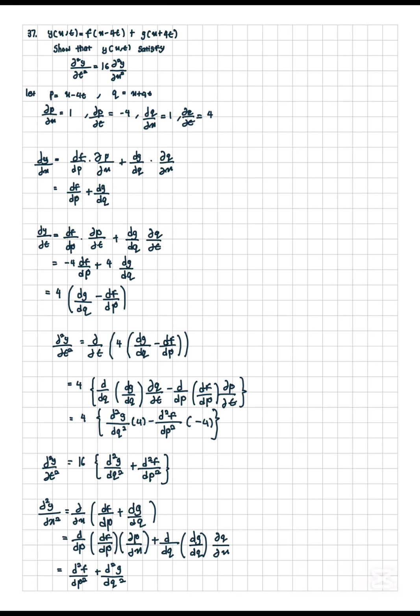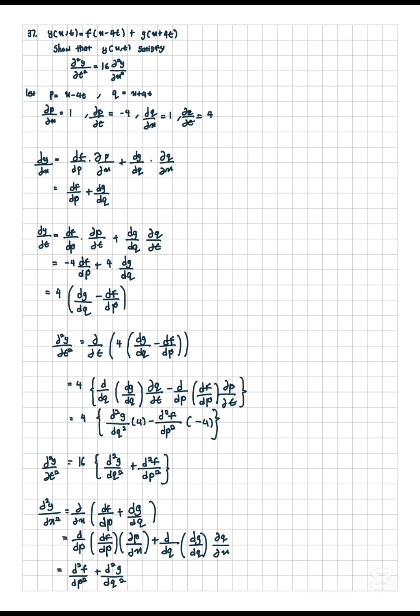∂y/∂x equals df/dp times ∂p/∂x plus dg/dq times ∂q/∂x, and we got df/dp + dg/dq. Same goes to ∂y/∂t, and we got −4 df/dp + 4 dg/dq. We need to differentiate a second time for y with respect to t.